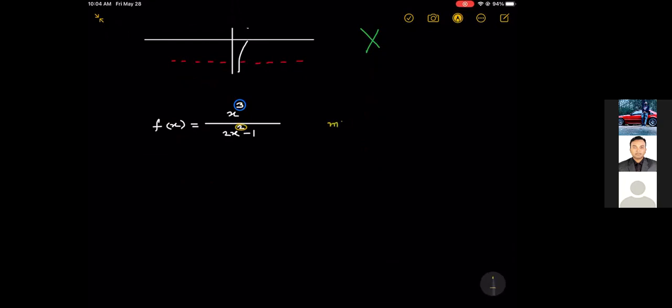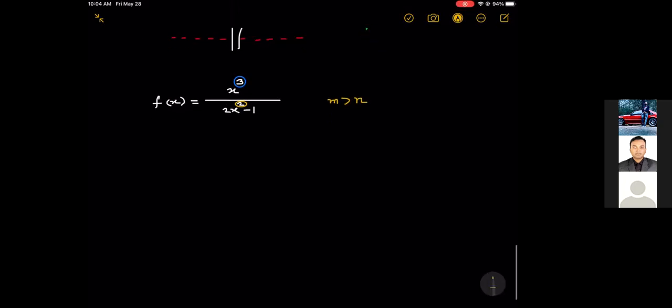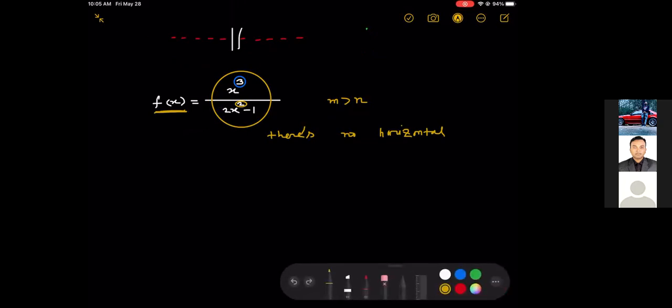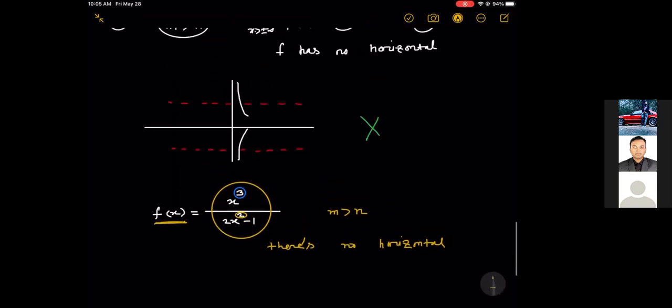So clearly m is greater than n, and if m is greater than n, we know there will be no horizontal asymptotes, that's for sure. And when x is approaching either side of infinity, this will definitely approach infinity as well. On this occasion, it will approach positive infinity, because we don't have anything negative in the leading coefficient. Any question from this one?